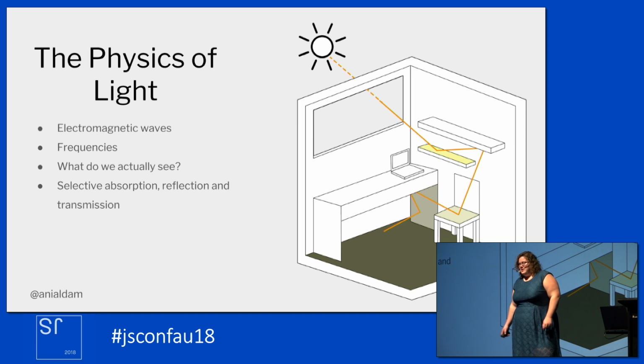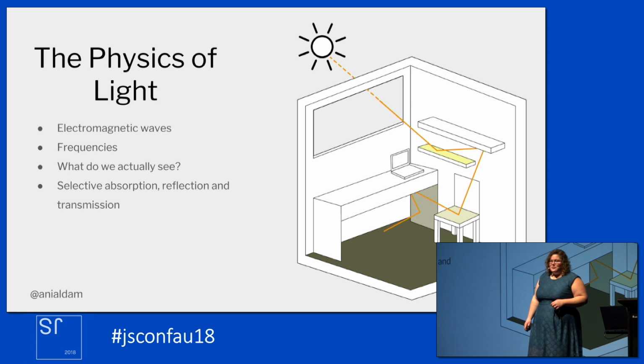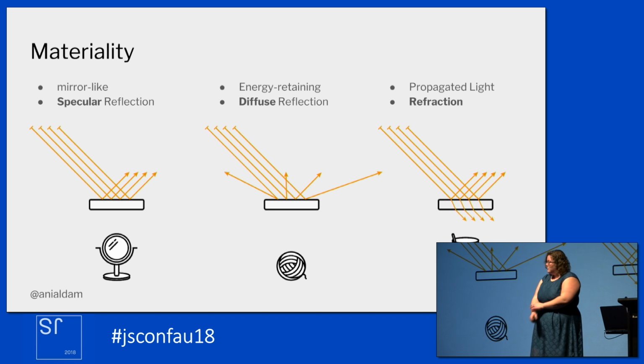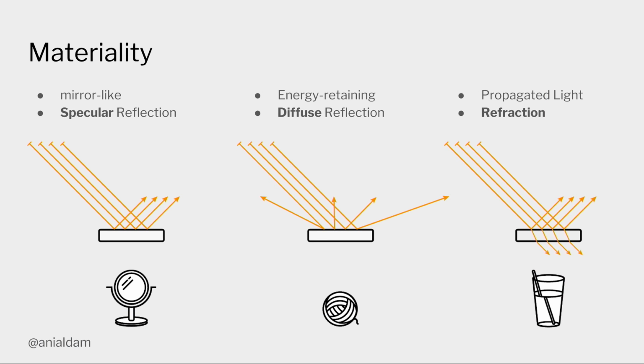Material surfaces selectively absorb different frequencies of light or energy, and they can also reflect the light or transmit it. So for a visualization, you could think about these three different types, and that's a really big abstraction.